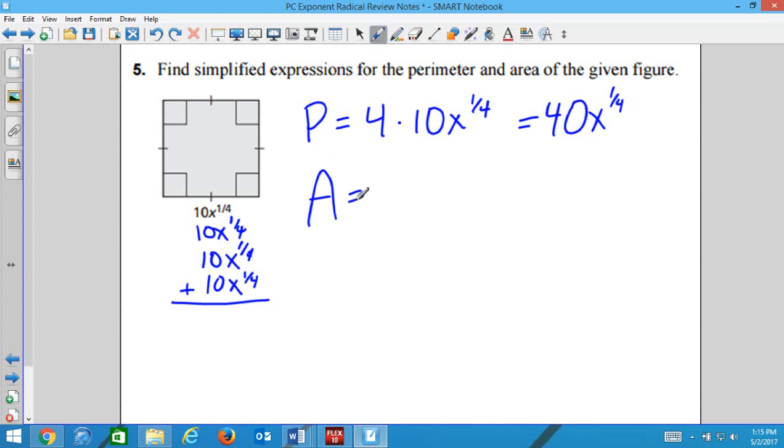And then Olivia, you said base times height is area, right? But since the base and the height are the same, can we maybe do it a little bit more efficiently? Instead of base times height, we can say 10x to the 1/4 squared.